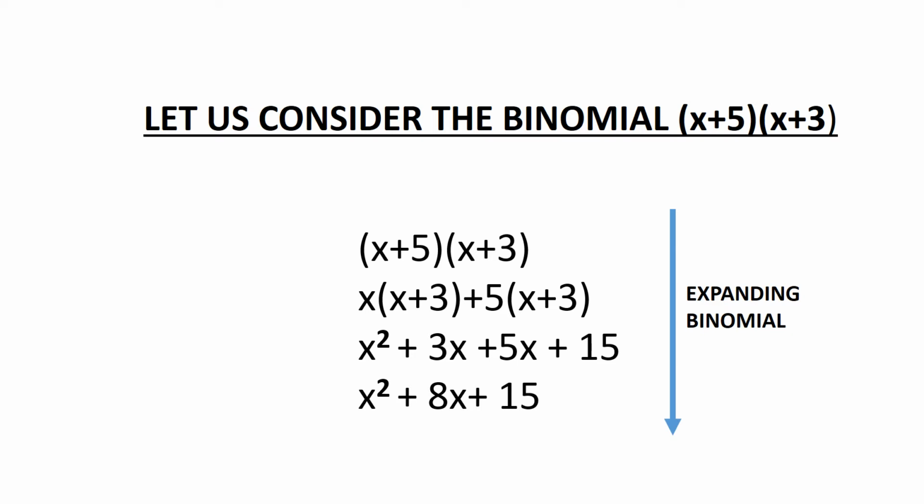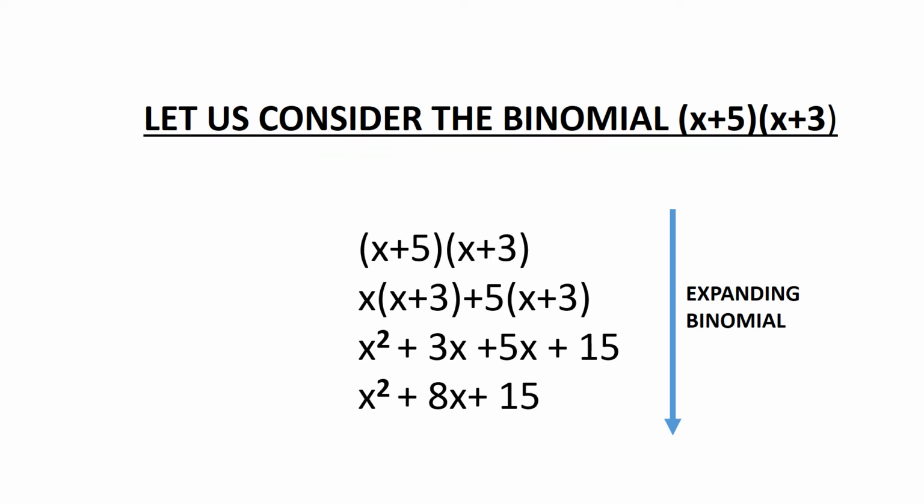Then I go ahead and do my further simplification by putting my like terms together and simplifying. There's only one x squared, so there's no way to simplify that, so that remains. Now I have 3x plus 5x. These are like terms, so I can simplify by adding the coefficients.